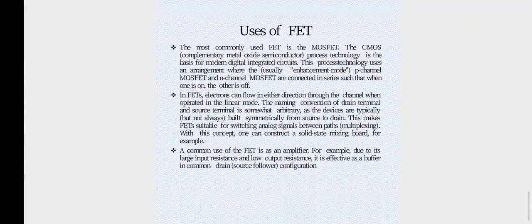With this concept, one can construct a solid state mixing board, for example. A common use of FET is as an amplifier. For example, due to its large input resistance and low output resistance, it is effective as a buffer in common drain source follower configuration. So this is about the electronics and instrumentation unit number 1, module 1.